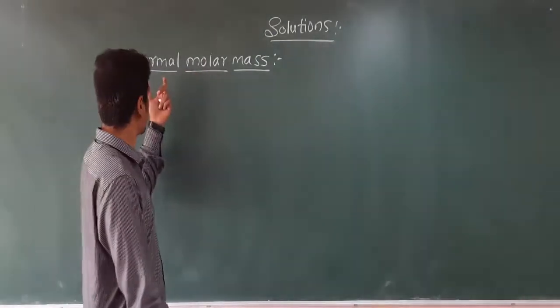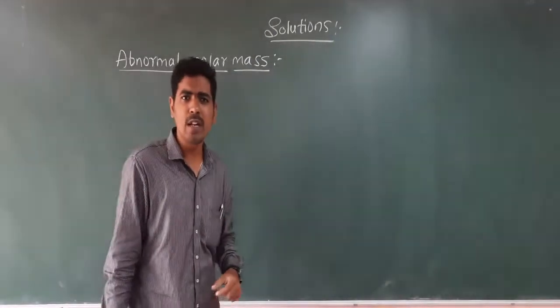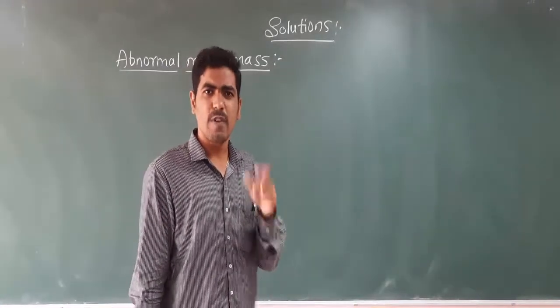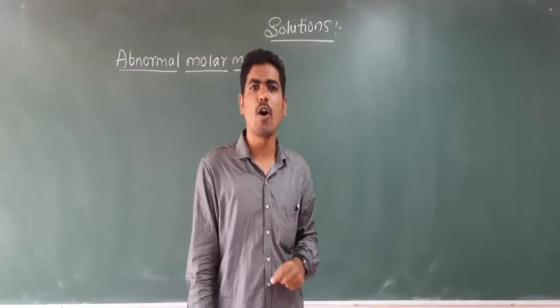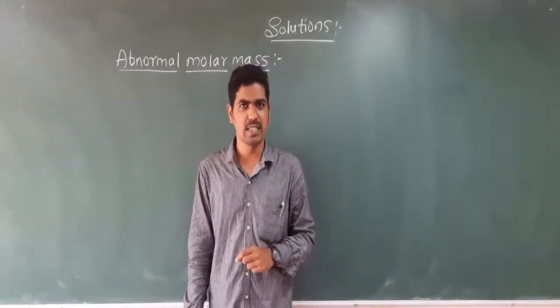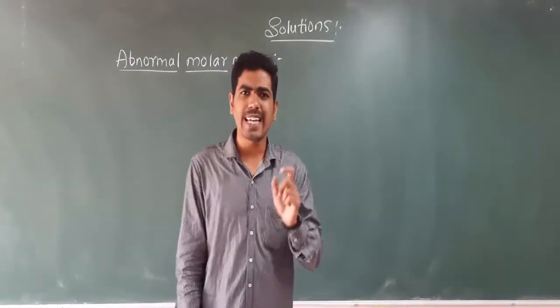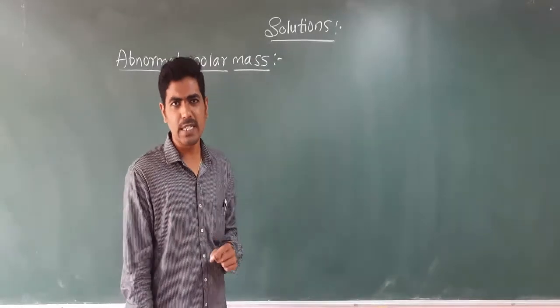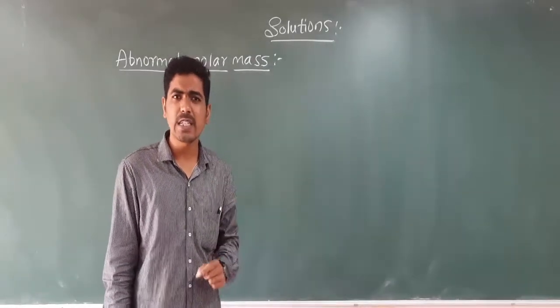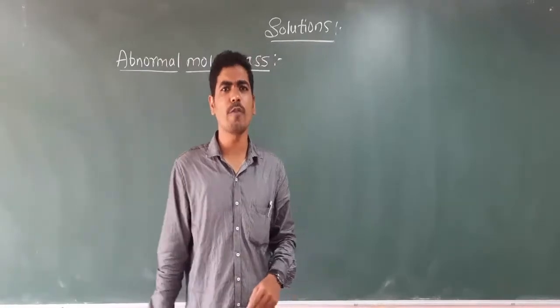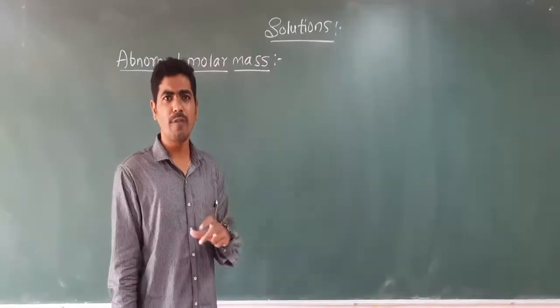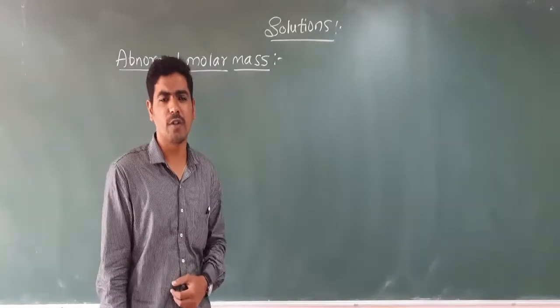Before moving on, what does abnormal molar mass mean? First, we should know the exact meaning of colligative properties. Colligative properties are the properties which mainly depend upon the number of solute particles, irrespective of the nature of the solute as well as the solvent.